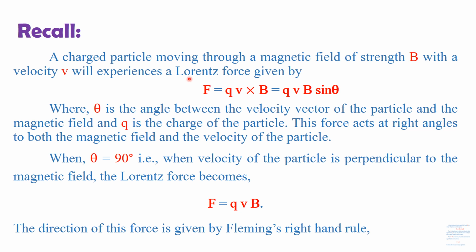And the direction of this Lorentz force, as this is a cross product of velocity and magnetic field, is always perpendicular to the plane containing vectors V and B. Suppose theta is 90 degrees, that means the angle between velocity vector and the magnetic field is 90 degrees, then the charged particle will experience maximum Lorentz force, and the magnitude of the maximum Lorentz force is given by F is equal to QVB.